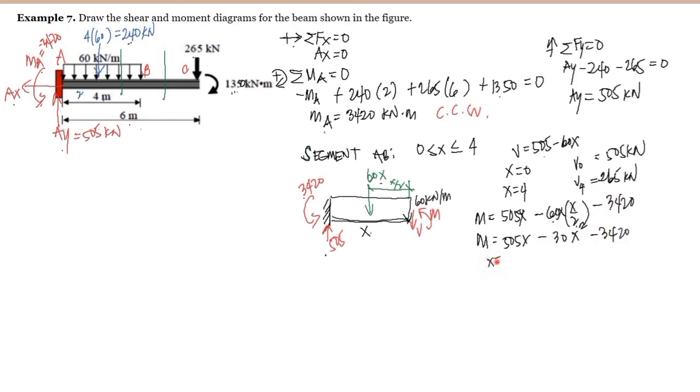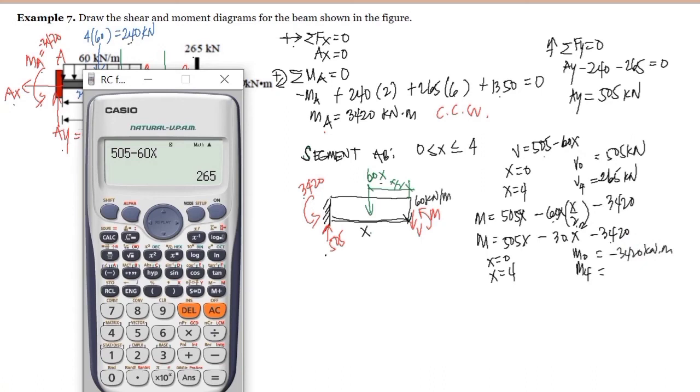So at x is equal to 0 and x is equal to 4, let's compute for the moment at 0 and the moment at 4. What we are going to do here is, of course, to substitute 0 in the equation, and this is negative 3420 kilonewton meter. And let's check what our moment is at 4.